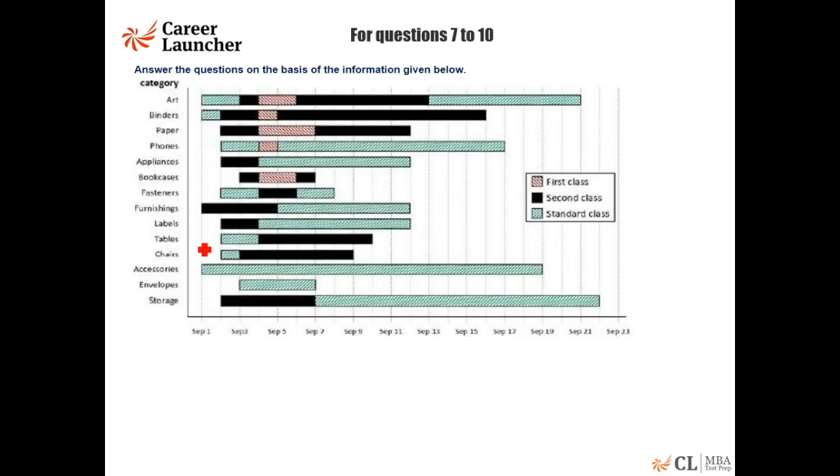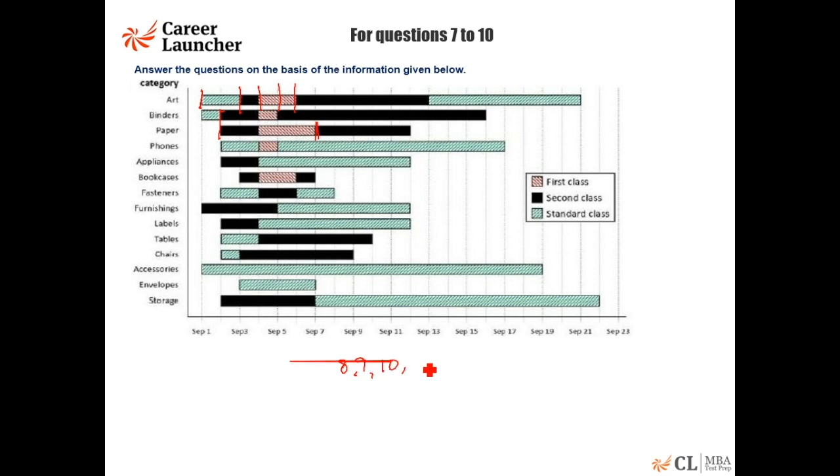Okay, so you need to just go through it. September 1, there's an order booking. September 2, September 3, September 4, September 5, September 6, September 7. September 8, there's nothing. September 9, there's nothing. September 10, again nothing. 11, nothing. 12, nothing.